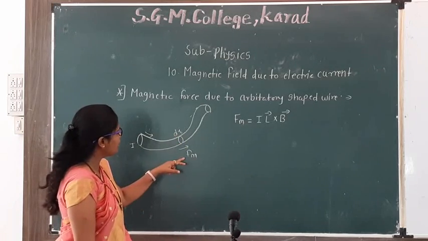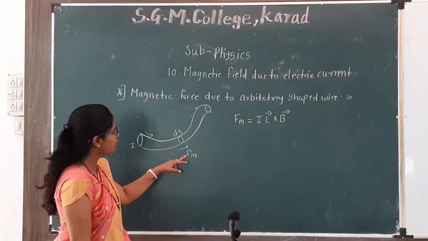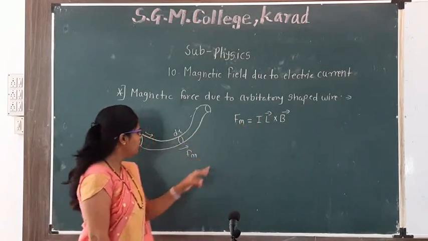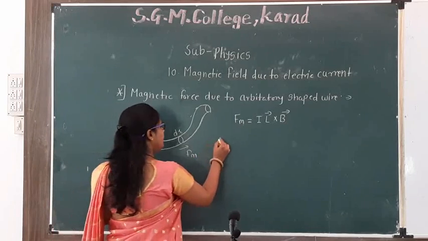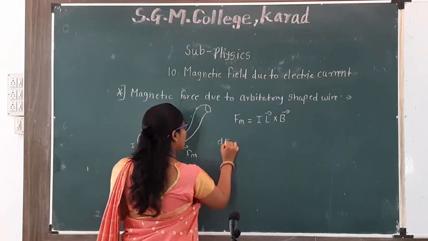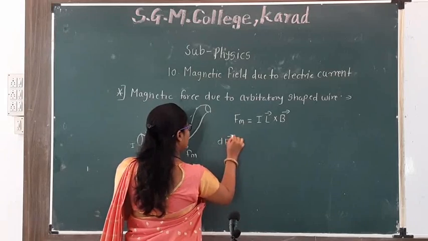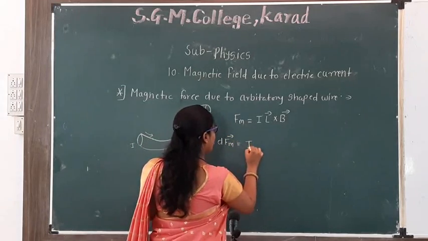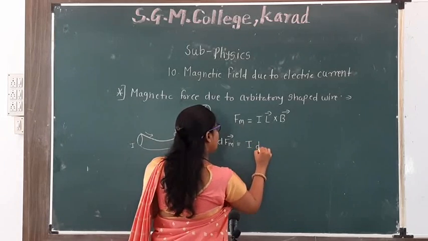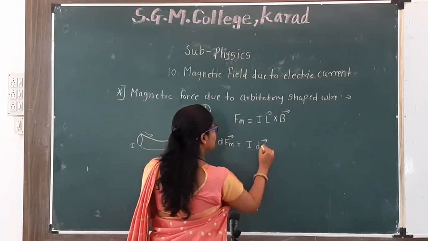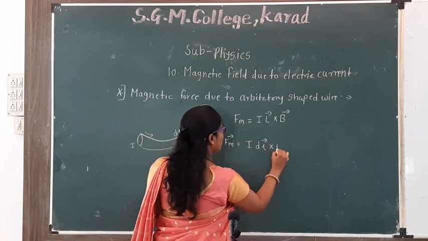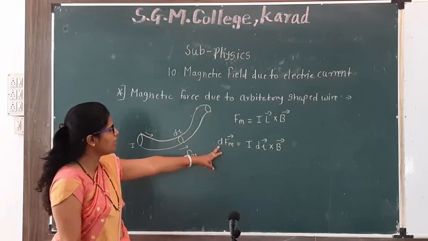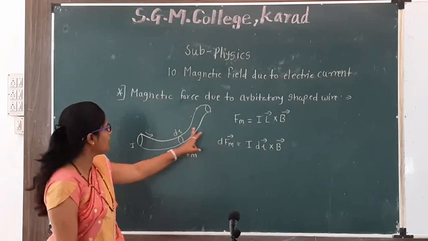Due to this, the magnetic force acting on the arbitrary shaped wire is dFm, vector dFm is equal to I, vector dl cross vector B. This is the magnetic force acting due to the arbitrary shaped wire.